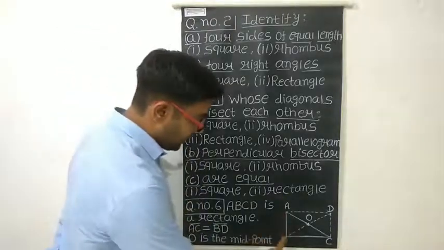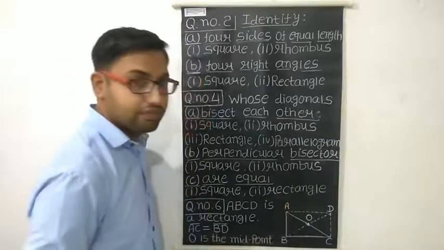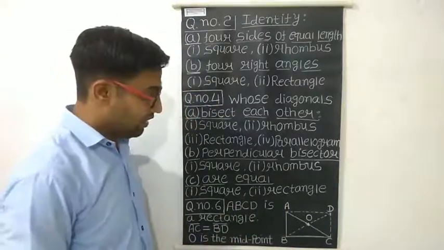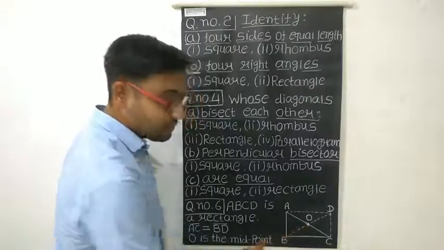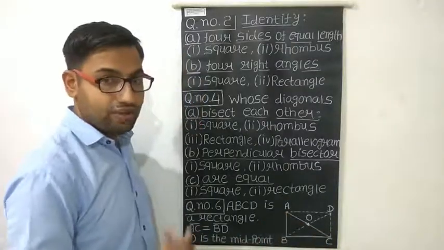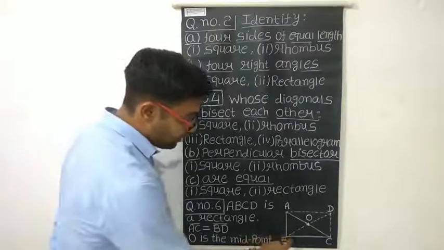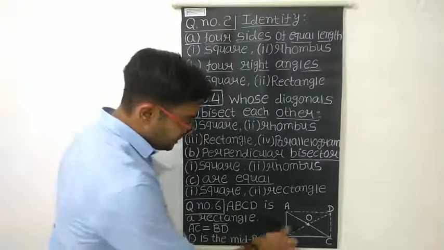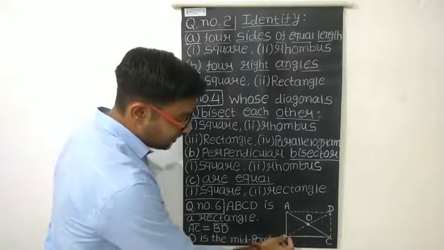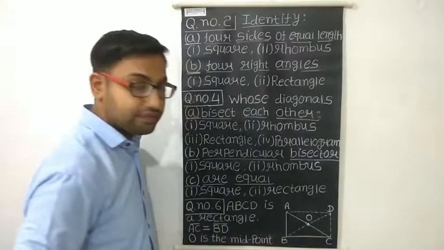We have given a right angle triangle ABC and B is the 90-degree angle. Right? One point O is given as the midpoint of this hypotenuse. Hypotenuse means the side opposite to the right angle. Here B is the 90 degree, so the opposite side of this angle is AC.